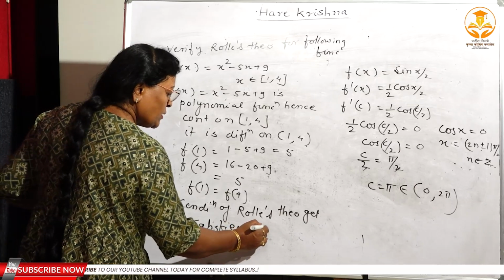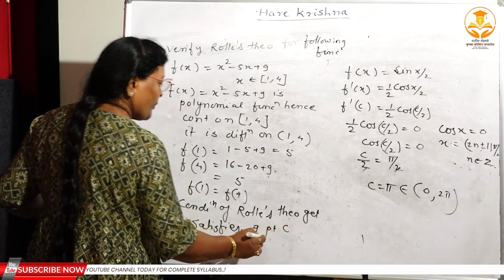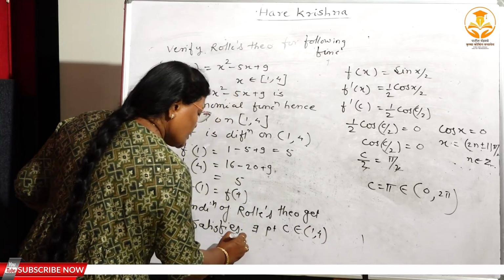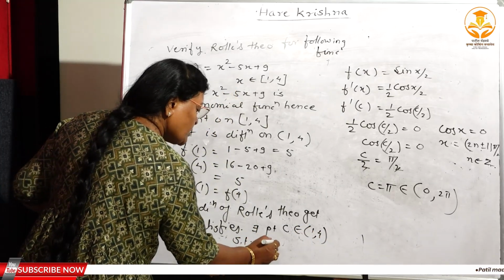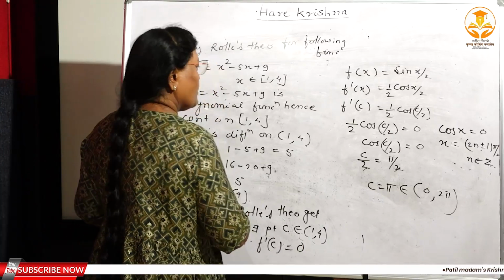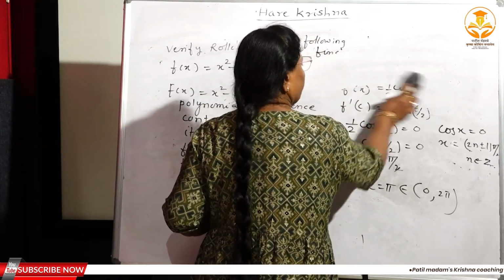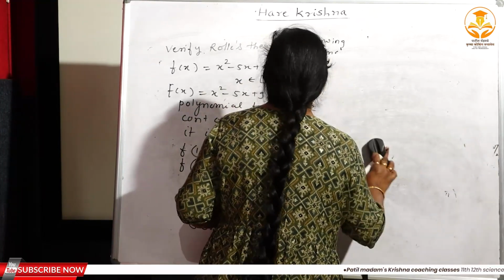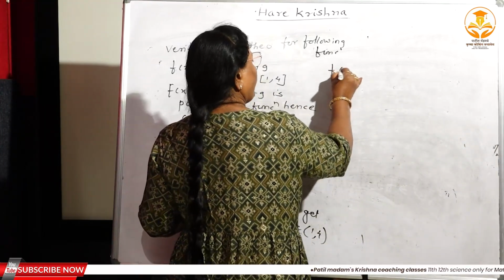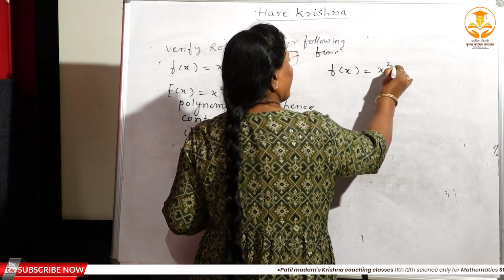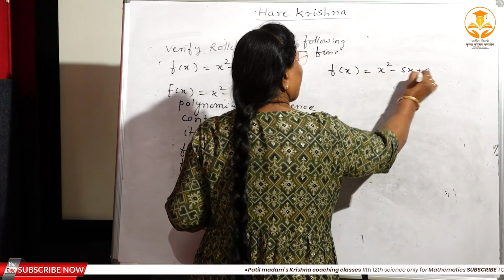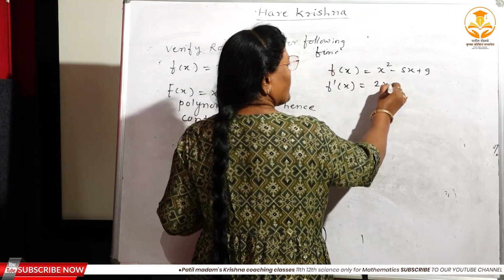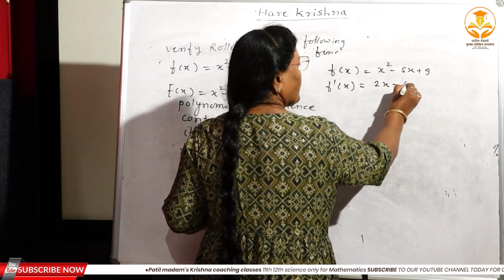Therefore there exists a point c belonging to the open interval 1 comma 4 such that f dash c is always equal to 0, isn't it? Here f of x is equal to x square minus 5x plus 9, f dash x, the derivative of x square is 2x, and the derivative of minus 5x is minus 5.